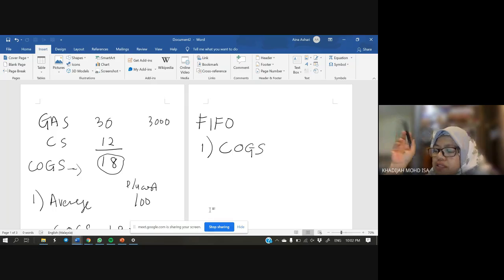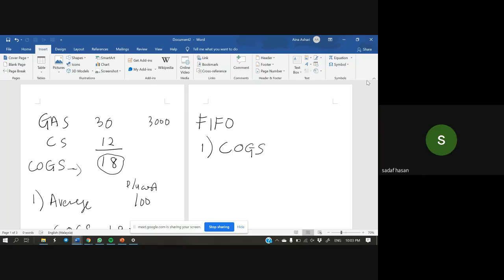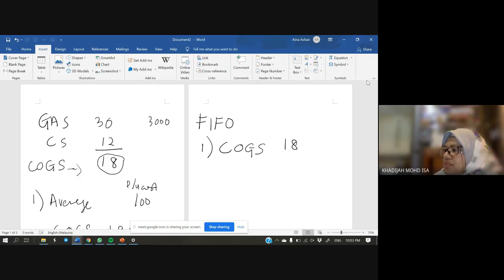So kalau you nak kira COGS, how many goods sold? We 18 units. Alright, so you must use 18 units. You must use FIFO, first in, first out, to decide how much your COGS.